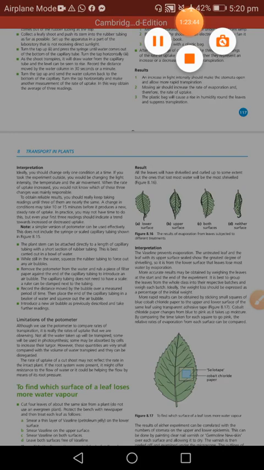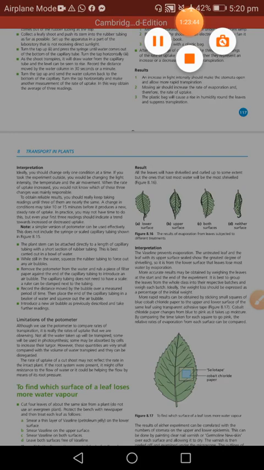Initially the position of the guard cell's thicker part was here, but it has moved slightly inside, creating a space in this region, and that means the stomata is now opened. So this is how the stomata is opened.